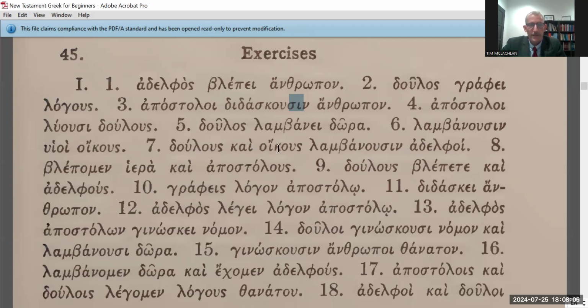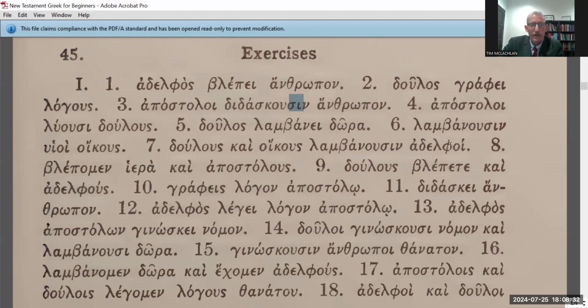Well, you go through here, there's the word and, you have houses there, that's also in the accusative, and lambanusen, that's the verb, third person plural. Now you don't find the subject until you get to the very end. Very important, you've always got to find the subject, and really you should find it first, and everything else should fall into place. So adelphoi, that's the brothers, in the nominative case.